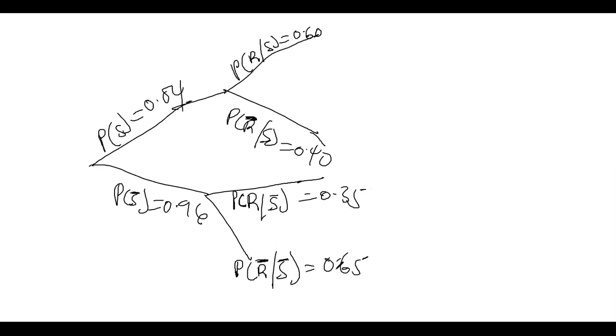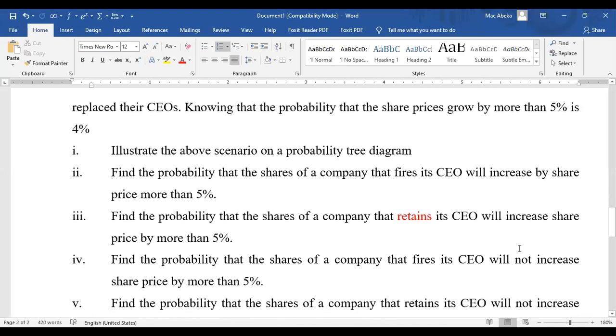Okay. All right. Now let's look at the requirement of the question. The question says, find the probability that the shares of a company that fires its CEO will increase share price by more than 5%.